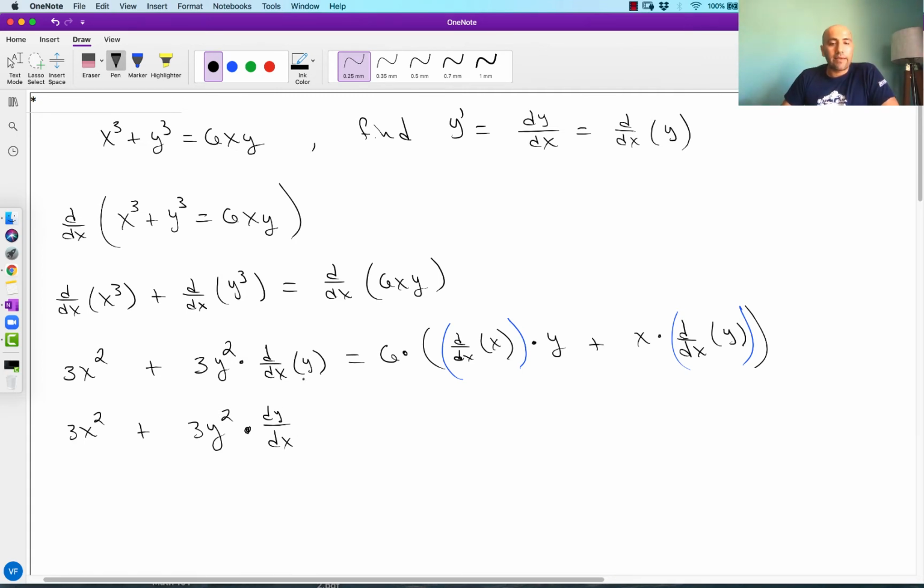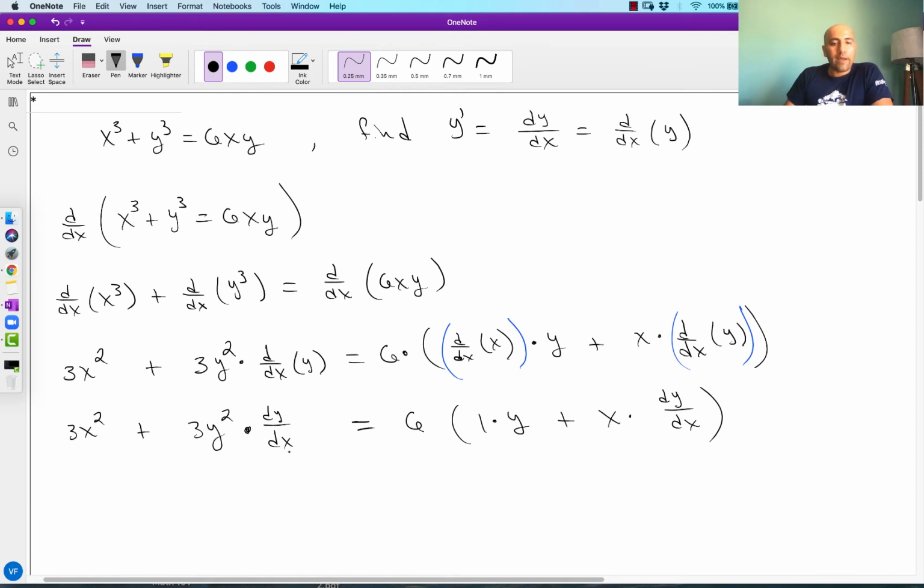Okay, so we're implying, or we're hoping, we're assuming that this derivative exists. Okay, so now this side would be 6 times. Now the derivative with respect to x of x is just 1. So this would be 1 times y plus x times, and again, that's just going to be that dy dx. Good?